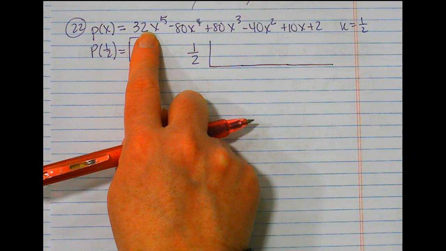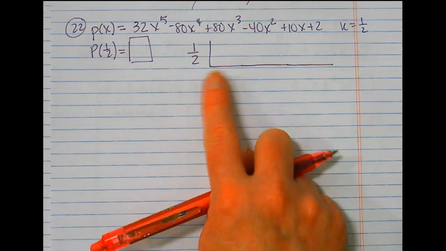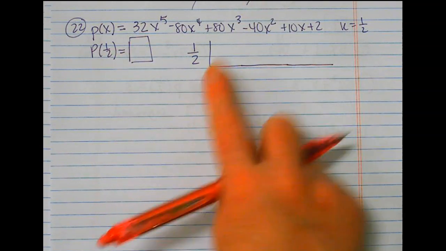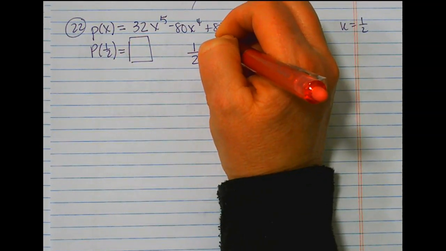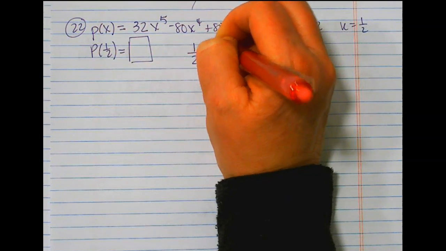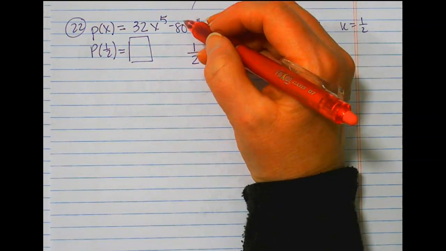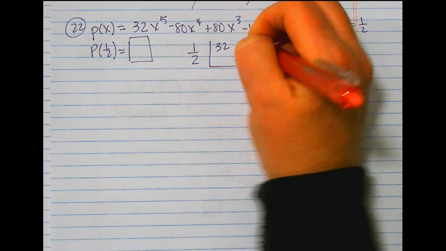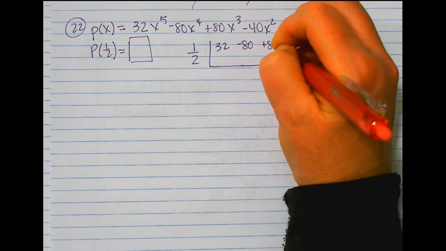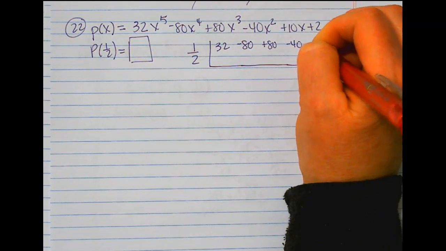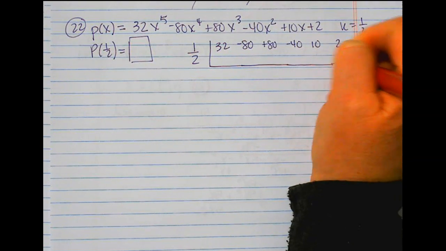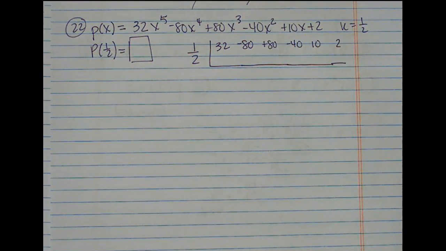That would be nice. But raising fractions to powers, that's not any fun at all. Doing this with a fraction may not be that fun, but I think it won't be that bad. So I'm going to write all of the coefficients down: 32, negative 80, positive 80, negative 40, positive 10, and 2. And my goal is to see what the remainder is.